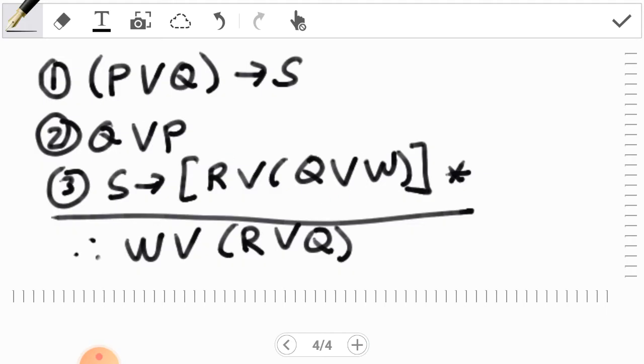If you look at your list of rules of inference for an implication, particularly your modus ponens. What does modus ponens tell us? It says that if you are given P implies Q, P, therefore Q.